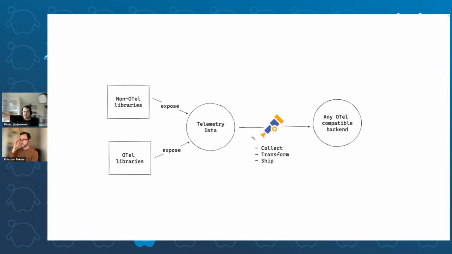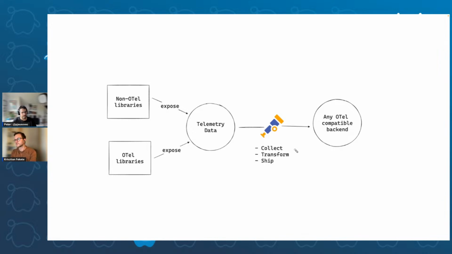Okay. So the backends are not necessarily part of the OpenTelemetry umbrella. They're all these separate applications that you can have, and then this middle part, the collect, transform, ship, this operator, is one part of OpenTelemetry that you run inside your cluster, that acts like a mediator between getting your data and then either exposing it for a compatible backend or shipping it to something, right?